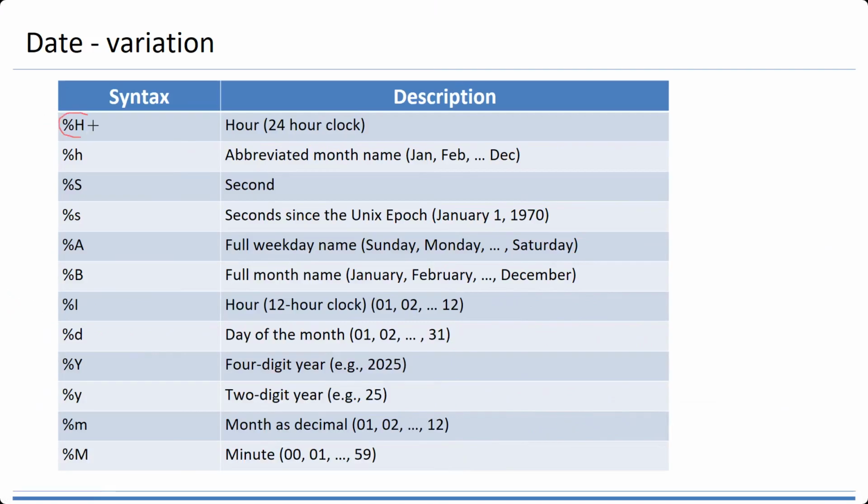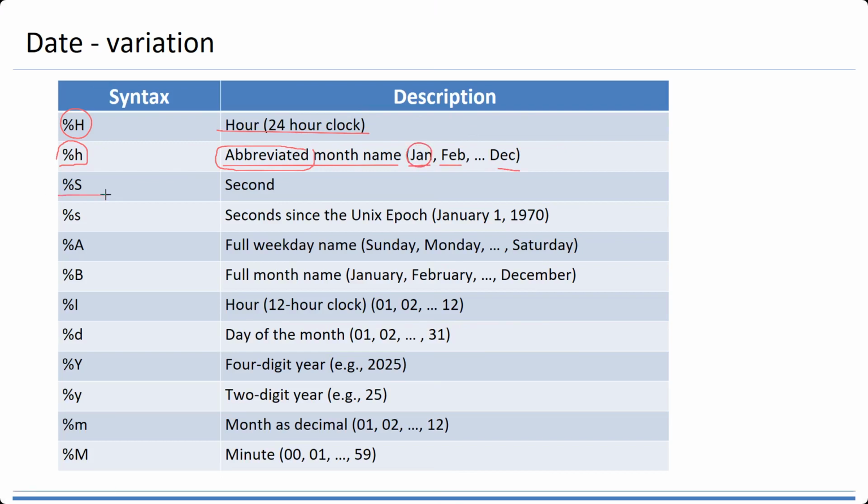If you're using the %H, then the time will also be shown, and it will be a 24-hour clock. If you're using the %h, it is different. It is about the name of the month, so the name of the month will be abbreviated. For example, January, February, December, you just use the 3 characters.